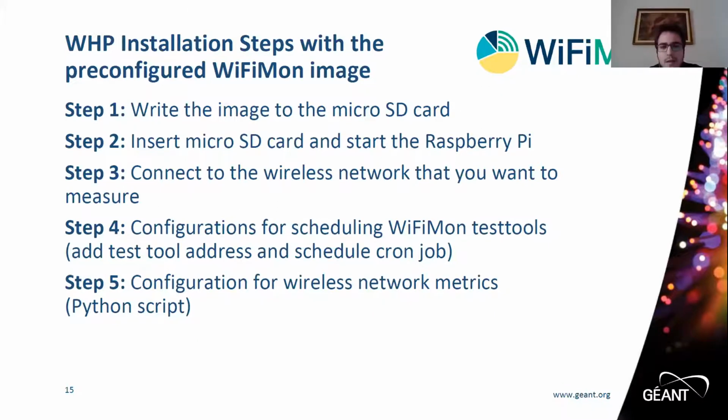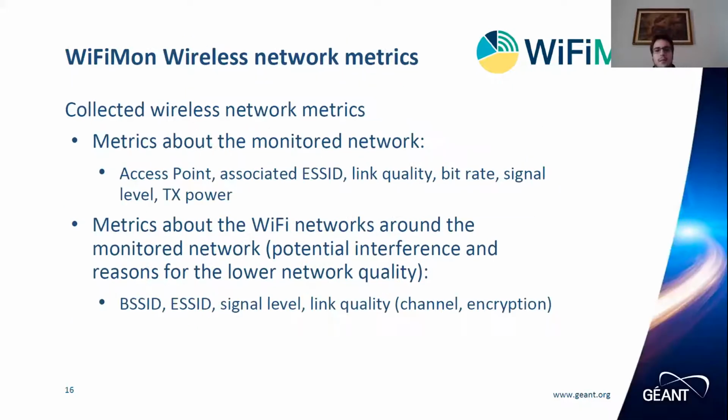What are these metrics? These metrics may involve the access point that the probe is connected to, the ESSID that's associated with the probe, the link quality, bitrate, signal level, and transmission power of the wireless network card. And these are information that you obtain regarding the hardware probe.